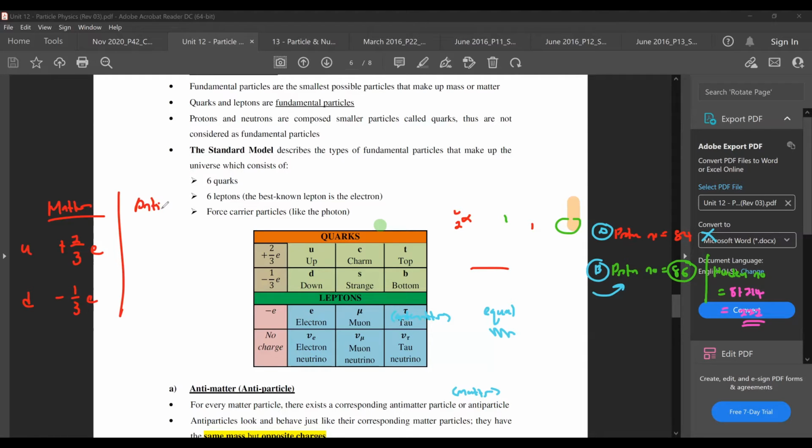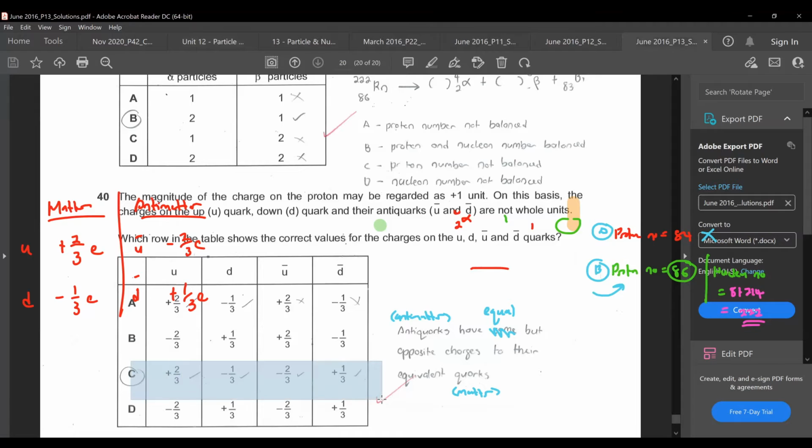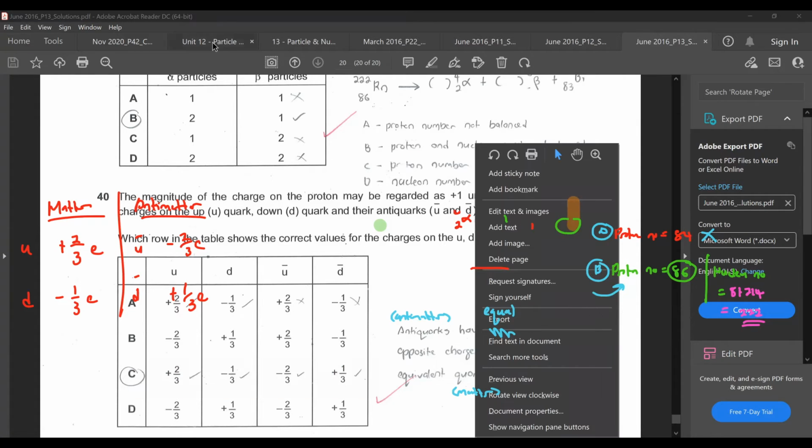The antimatter U bar and D bar would have opposite charge, no? Negative 2 over 3e, positive 1 over 3e. So your answer would be answer choice C. This is your answer just by remembering what antimatter is.